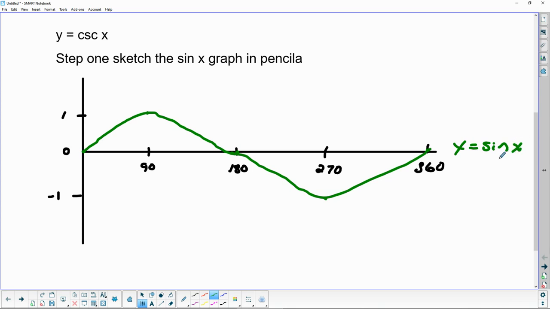That's step one. Step two is to draw an asymptote wherever the sine graph touches the x-axis.